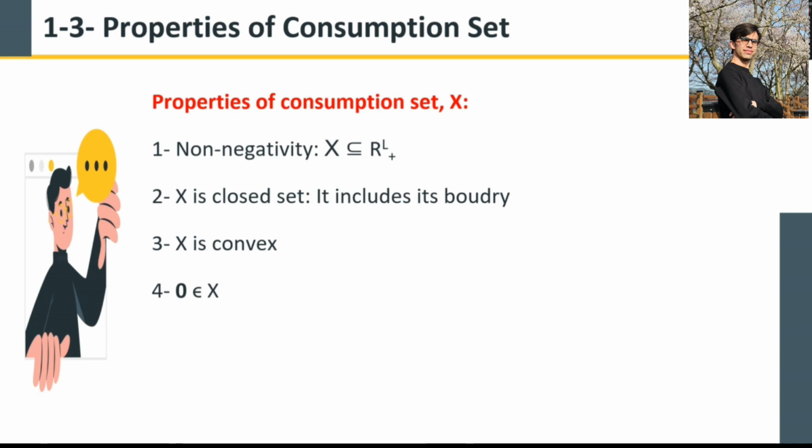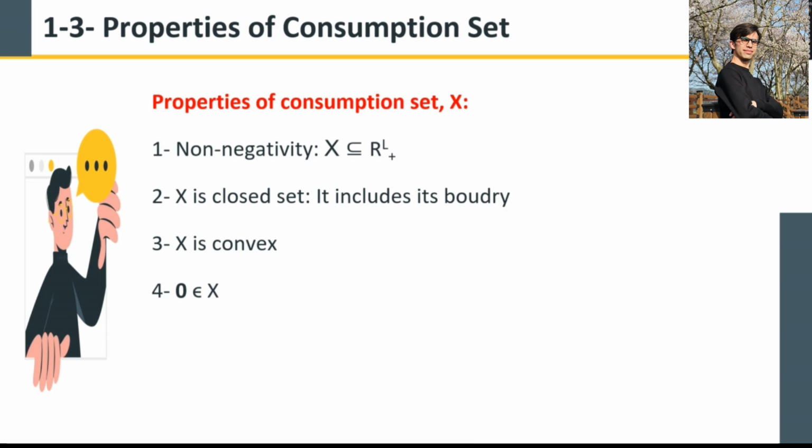It means the consumption set is a subset of L dimension real numbers, but non-negative. Another way to say it is that X, our consumption set, is a subset of the positive real numbers with L dimension, because we have L number of commodities.